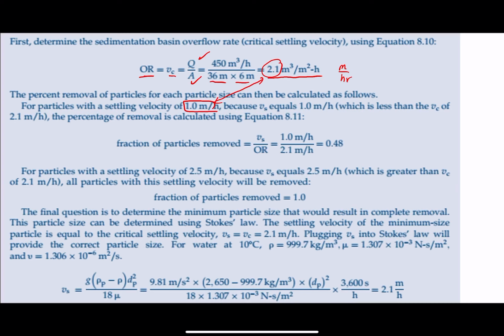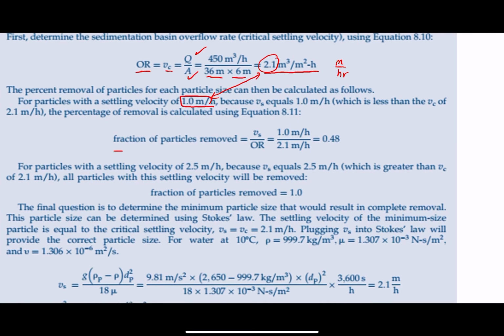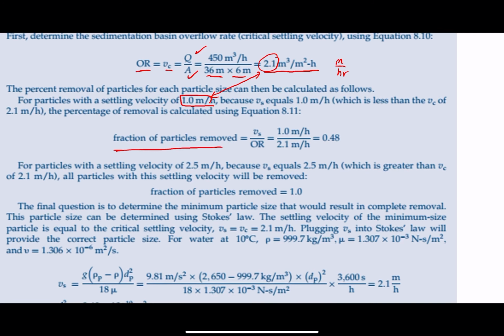Less than the V critical, which means that the percentage of removal is calculated using the equation: fraction of the particles removed in percentage is Vs over OR. So you say that particle is 1 meter per hour over OR, so 1 over 2.1, which means that 48% of these particles will be removed. The rest is going through.